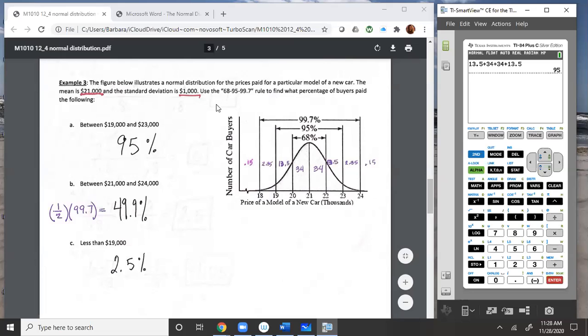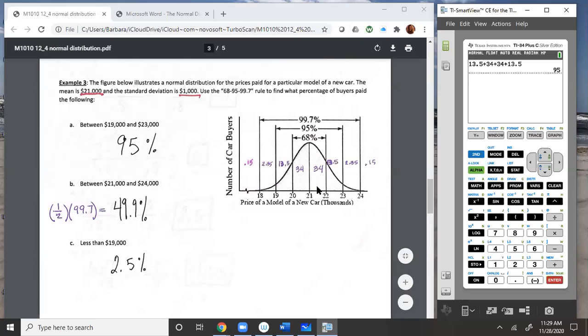What percentage of buyers paid between 21,000 and 24,000? So we're only on the right half of the mean, okay? And now we are not including the percentage out to the right here, okay?